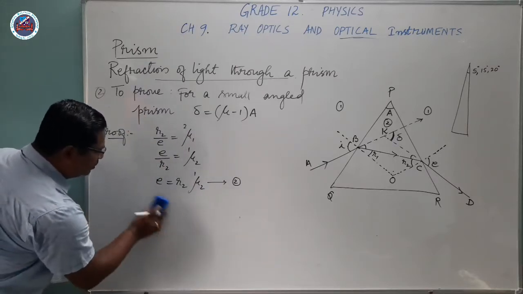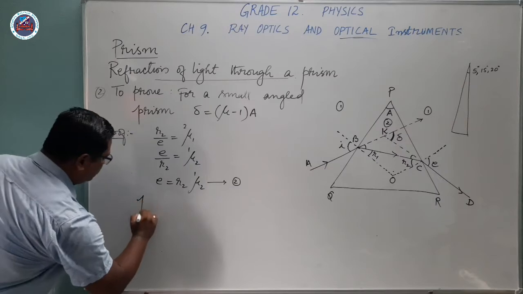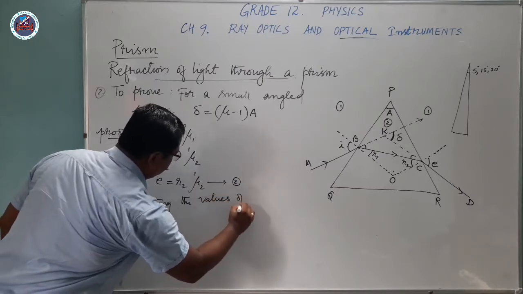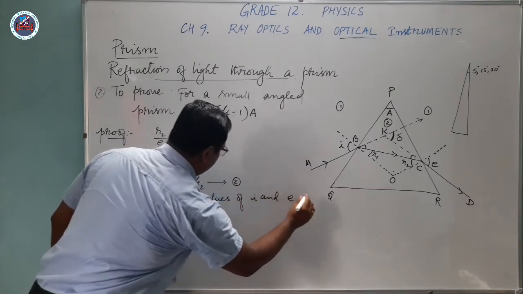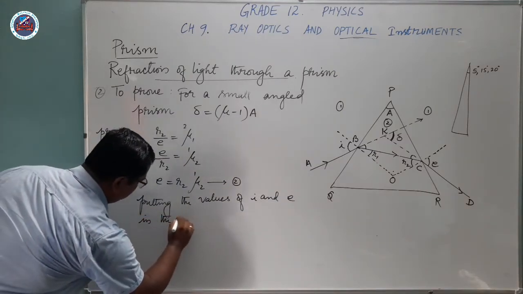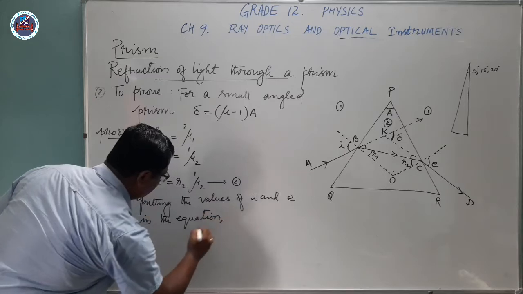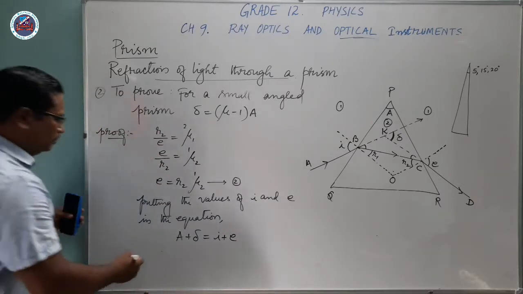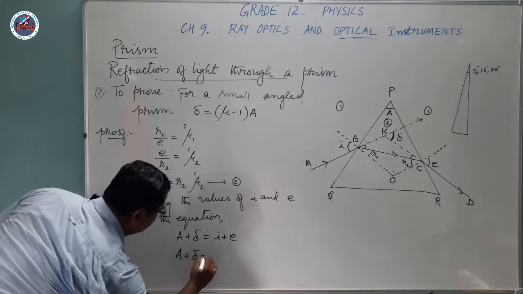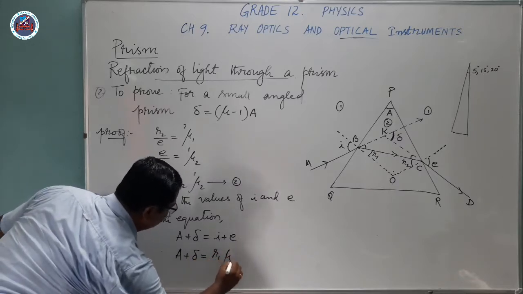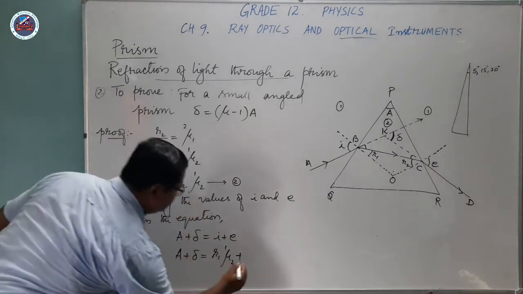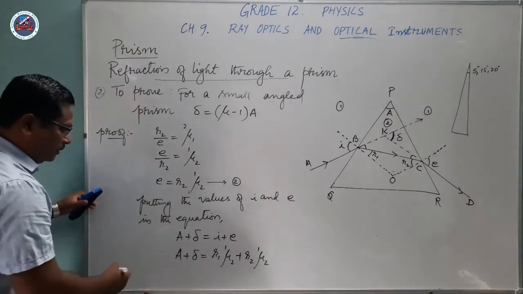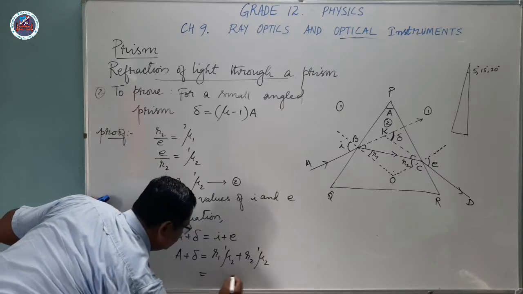Now putting the values of I and E in our equation A plus del is equal to I plus E, you will get A plus del equal to R1 times refractive index of the prism plus R2 times refractive index of the prism.